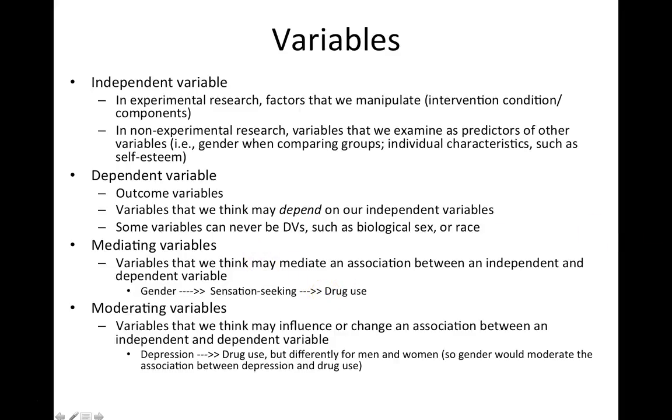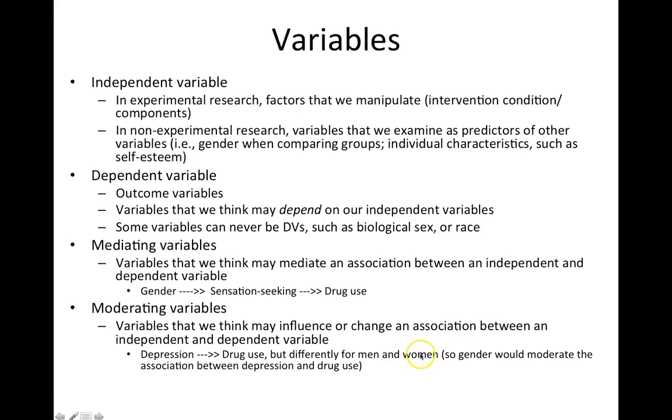Moderating variables, on the other hand, are variables that we think may influence or change an association between an independent and a dependent variable. So, for example, we also, from some of the literature, know that depression can influence drug use. So the frequency of drug use, the likelihood of drug use, however we want to define that outcome. But we may find in some research that this relationship may be different for men and women.